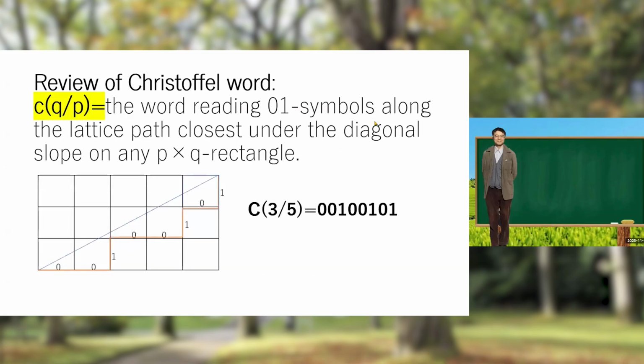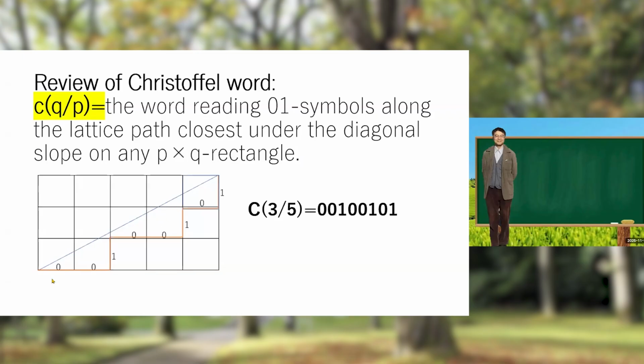The Christoffel word, what was the Christoffel word? It was simple. This is a slope q over p. Then we obtain the 0-1 symbol by considering the p times q rectangle and drawing the diagonal of slope q over p.